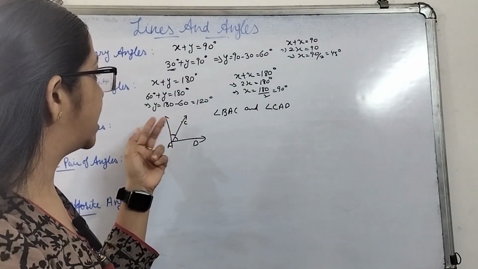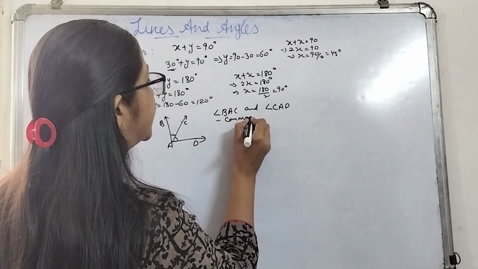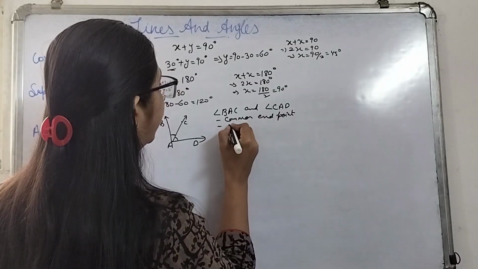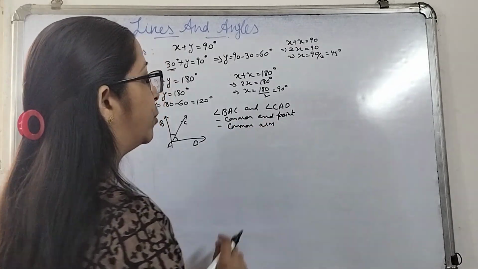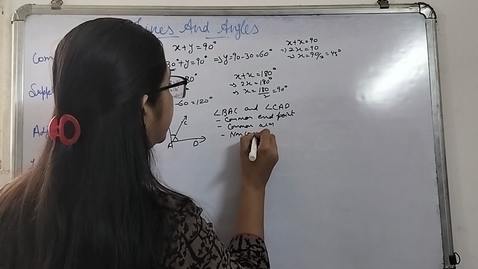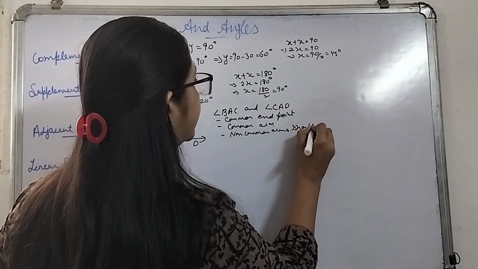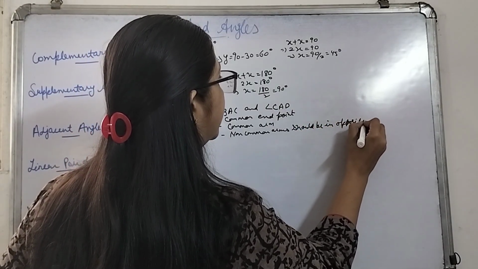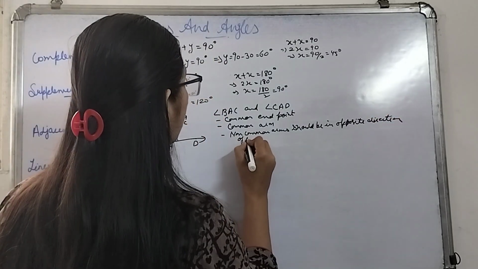If the two angles have the same endpoint, they should have a common arm. One arm should be common for both angles, and the non-common arm should be in the opposite direction of the common arm.